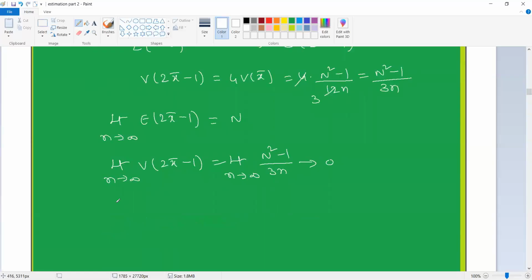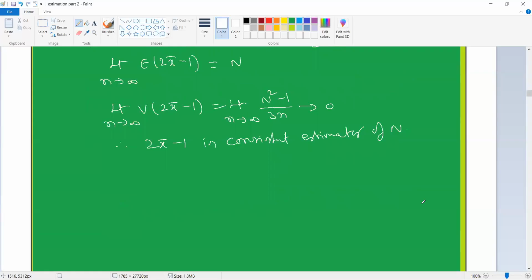Therefore, 2x bar minus 1 is a consistent estimator. Alternatively, we can also use the Chebyshev inequality, and you have to identify the consistent estimator of the unknown population parameter.